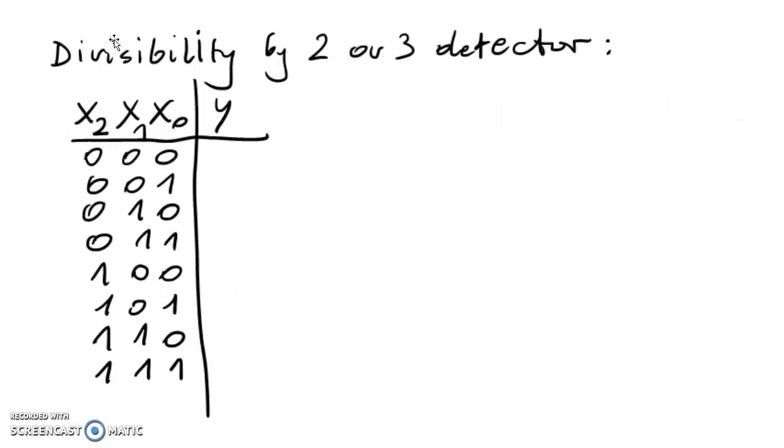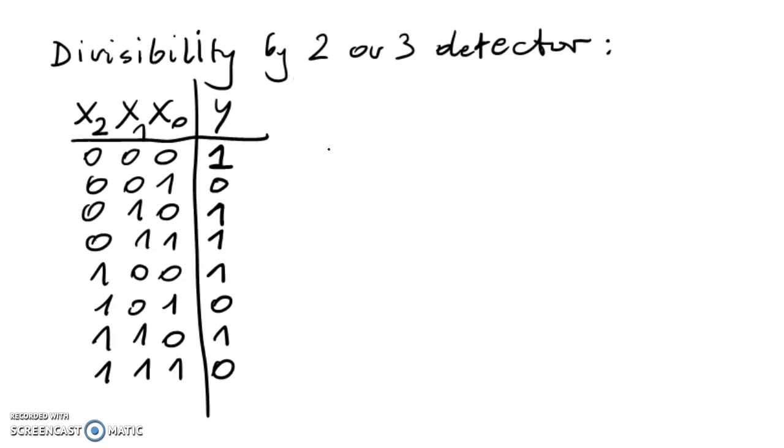Okay, let's do an example using these 4 variants of decoder. As you can see, it is a divisibility by 2 or 3 detector. It is not filled in right now, so I must fill in the values. 0 is divisible, 1 is not, 2 is, 3 is, 4 is, 5 not, 6 is, and 7 not.